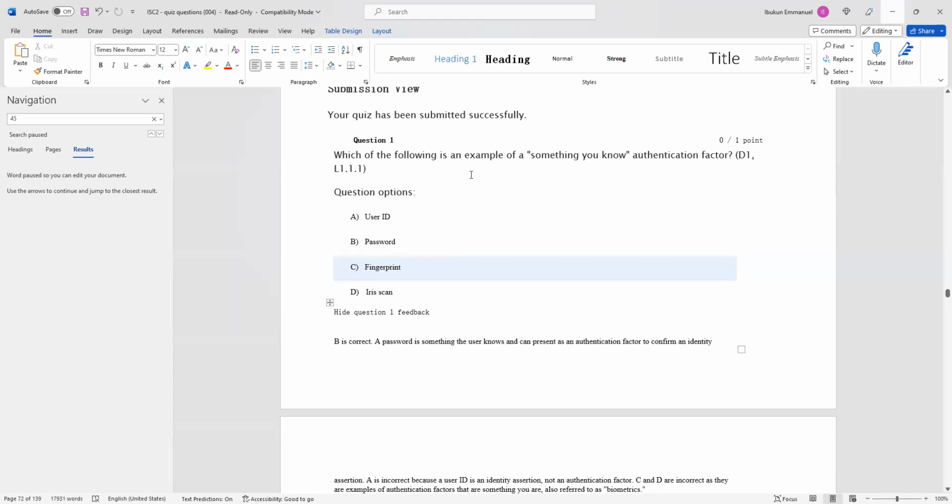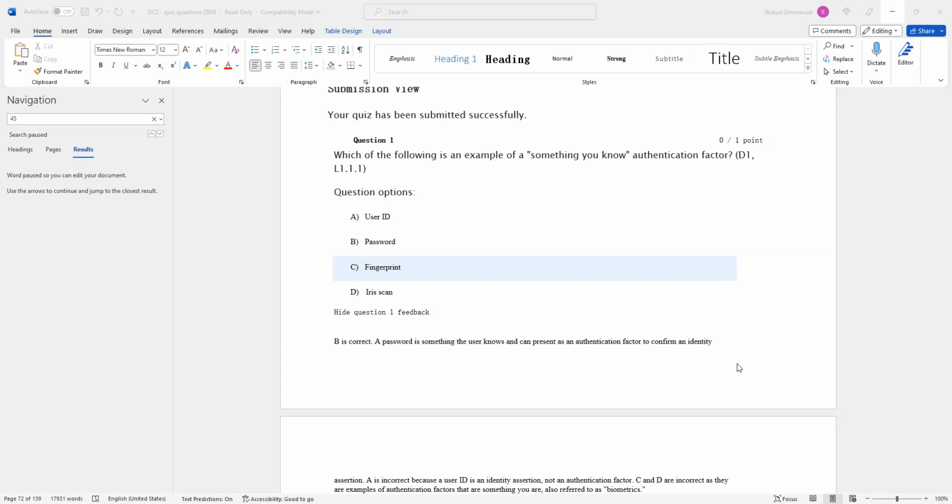Can anyone say why a user ID is not something you know? User ID is a common what? Yep, it's given to you, and IT know it for sure.